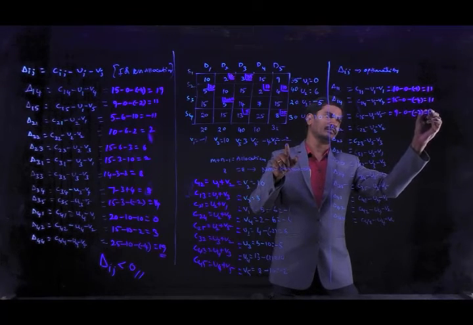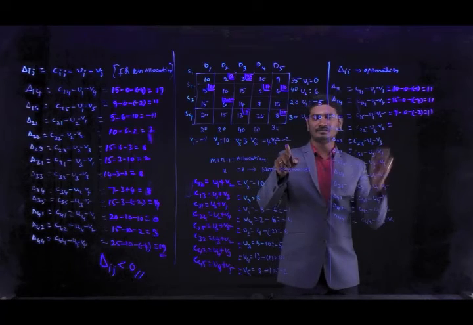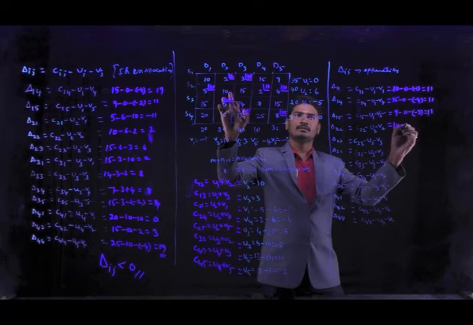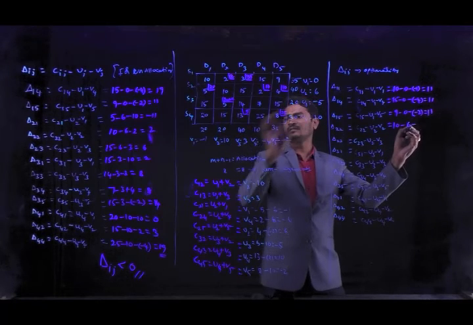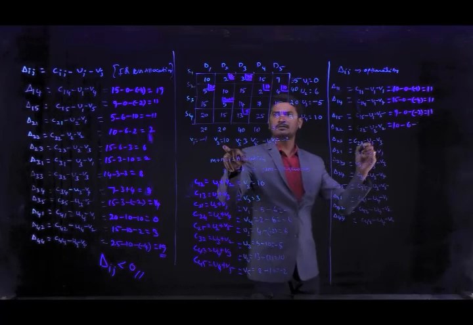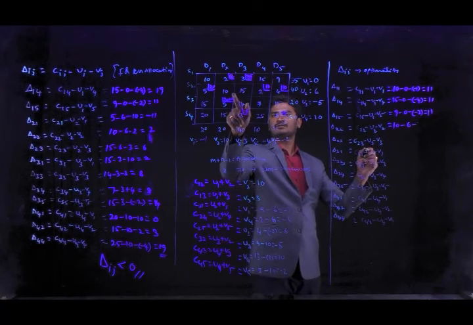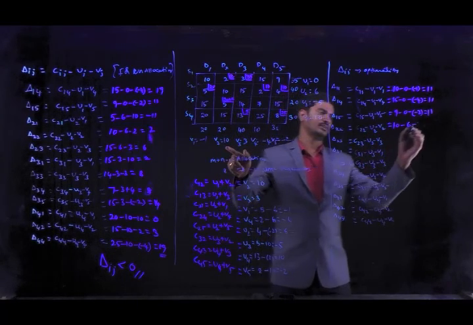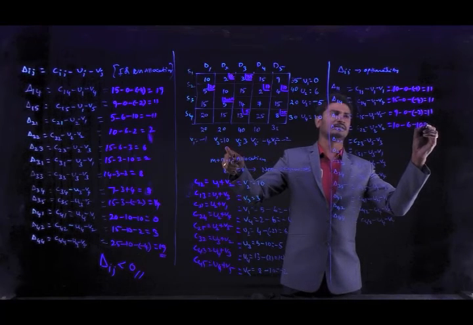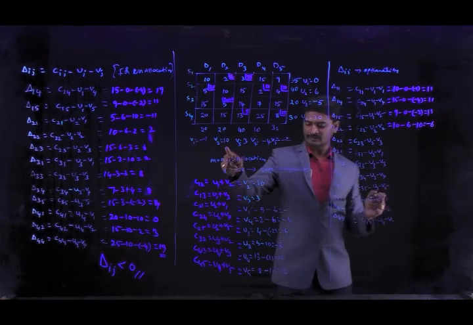So 9, 10, 11. Again we are going to get 11 here also. Delta 22: 10 minus U2, which is 6, minus V2, which is 10. So 10 minus 10. Okay, from this we are going to get minus 6 here.